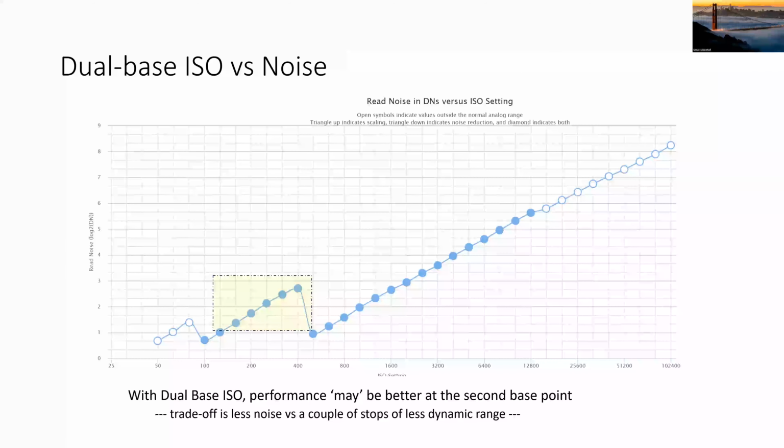Now, what does this mean for you practically? What this means practically is if you're setting your ISO rather than using auto ISO like I do, if you can see here in this area that has the yellow rectangle, those noise levels are actually higher than noise levels from 400 to 1600. So what does this mean?